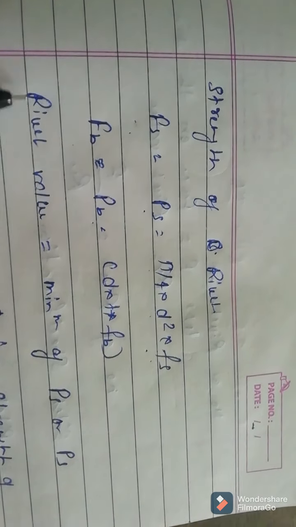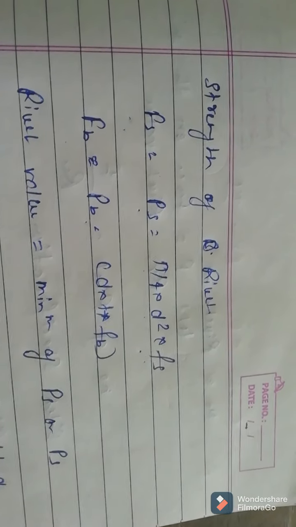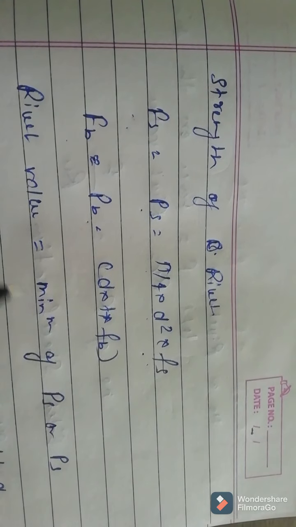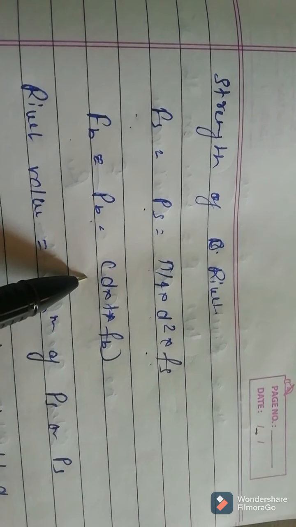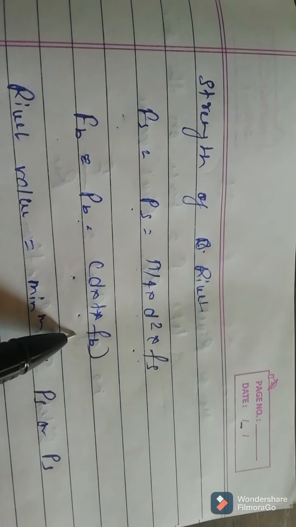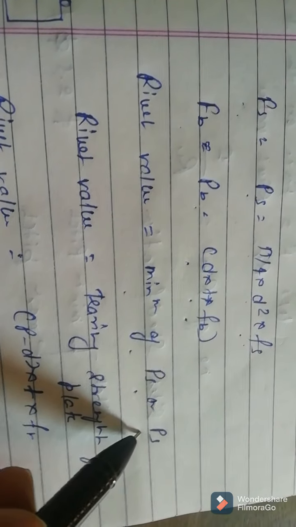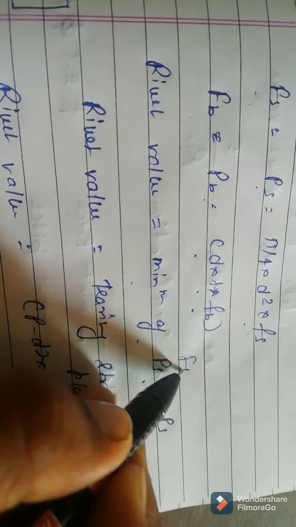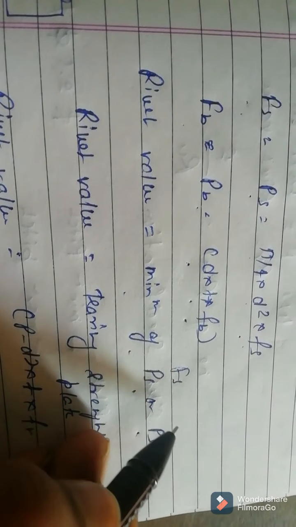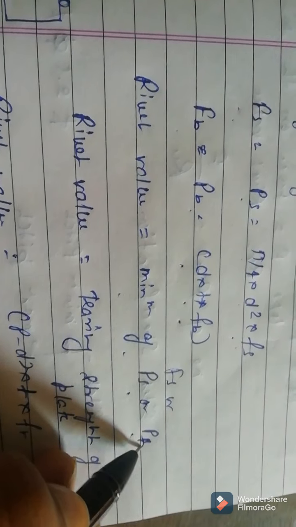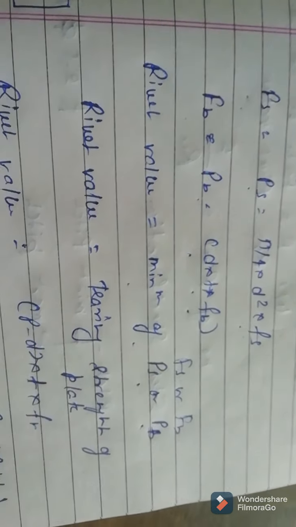No matter, in your book sometimes it is given Fb, or in some other book it is given Pb, so don't be confused. d is the gross diameter of rivet, t is the thickness of thinner plate, and fb is the bearing stress of rivet. So the rivet value is the minimum of Ps or Pb, that is the shear strength or the bearing strength.